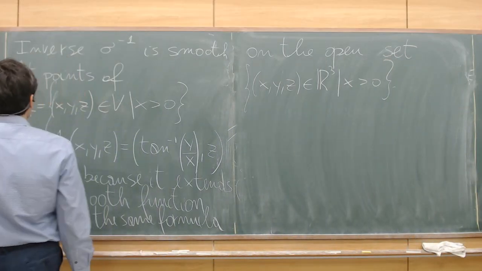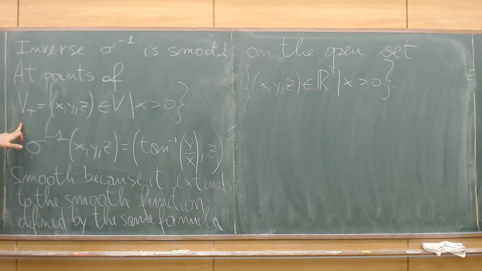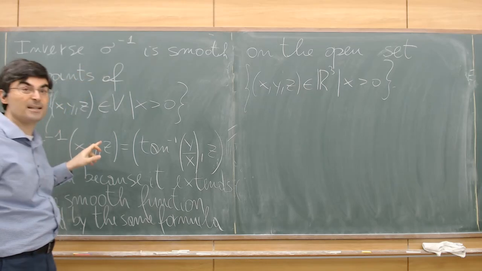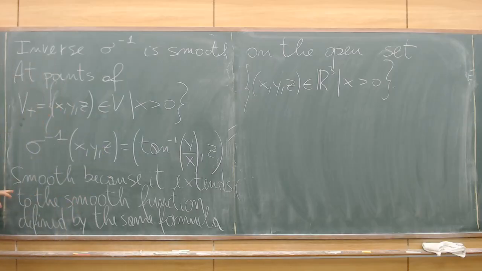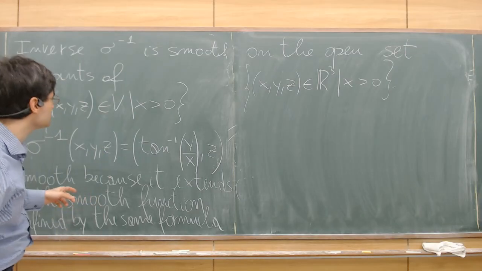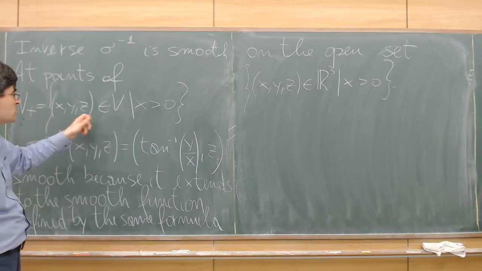So we proved the smoothness of the inverse of sigma only on V plus. As an exercise, please try to prove the smoothness of sigma inverse at other points of V.